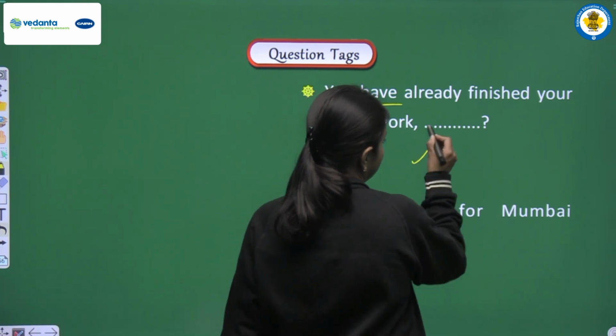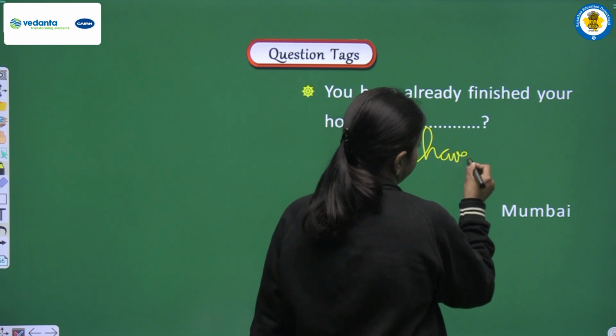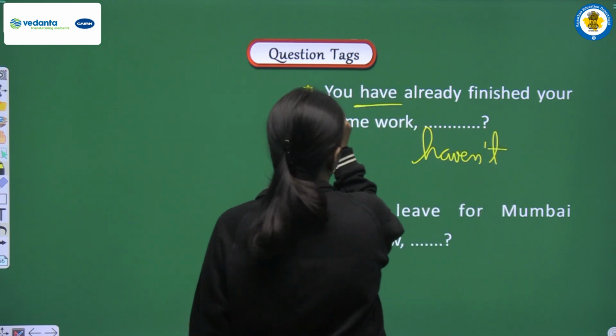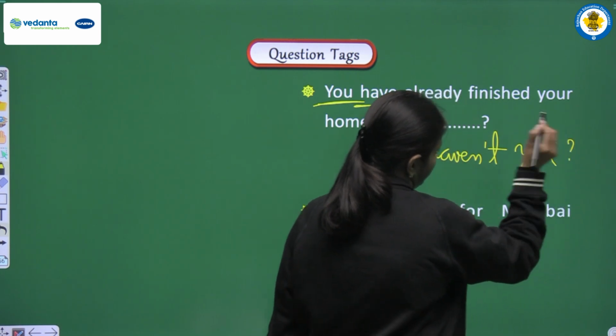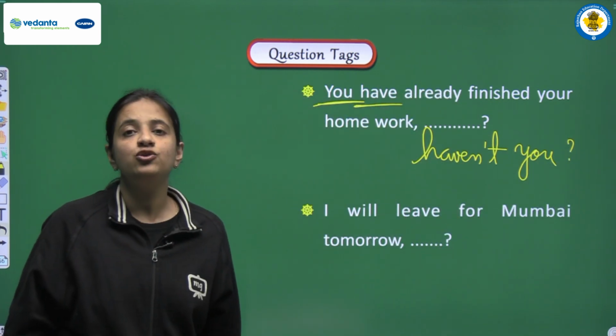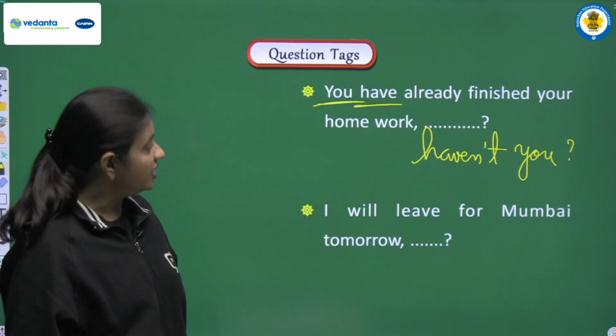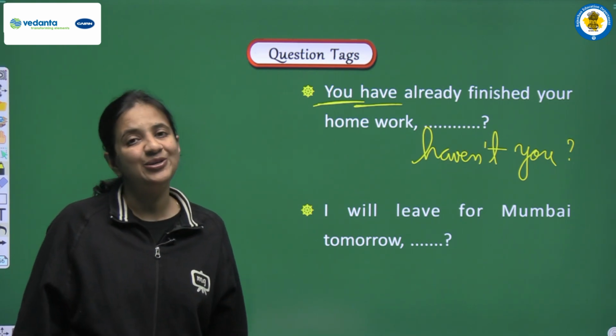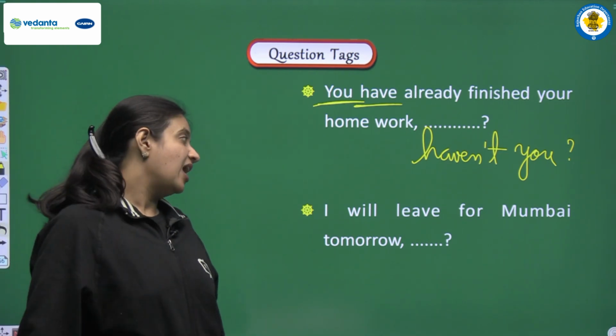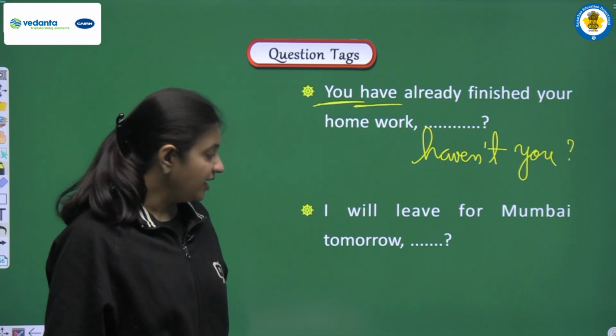So I am writing here haven't. We are having you as the pronoun, so we will use the same pronoun. So the question tag will be haven't you, and the complete sentence will be you have already finished your homework, haven't you?